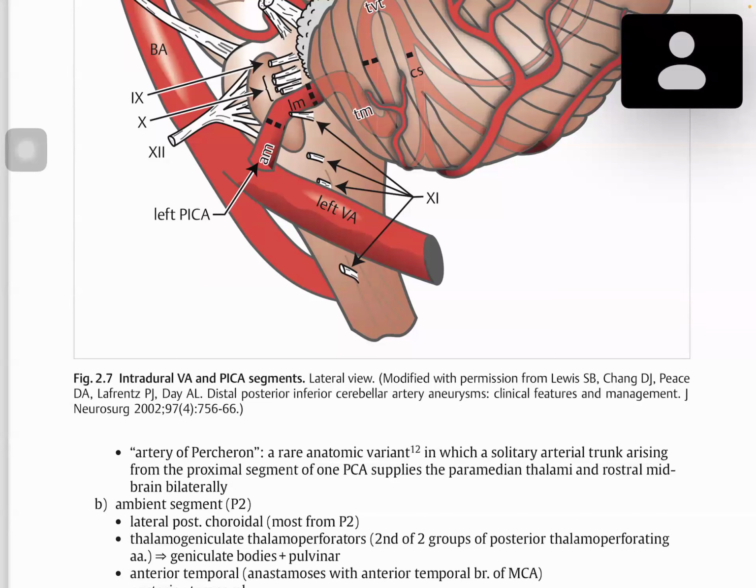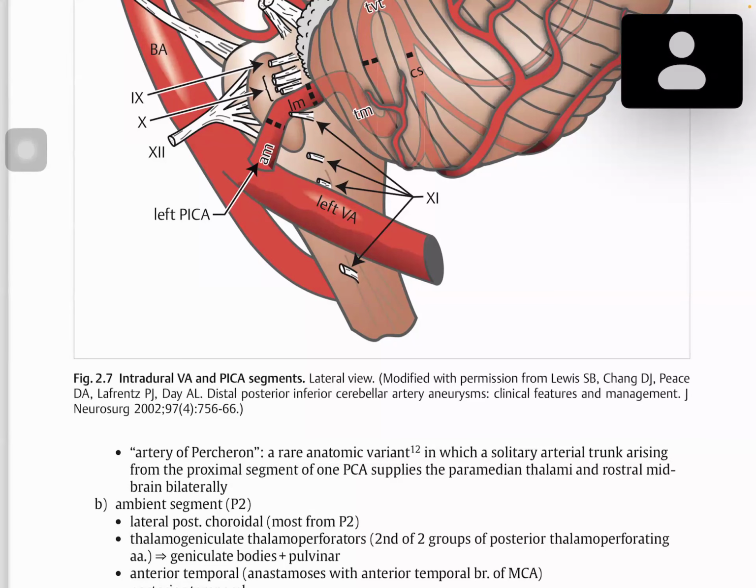And we also have the quadrigeminal plate artery, which participates in the vascularization of deep-seated structures, like the reticular formation and the pallidum.